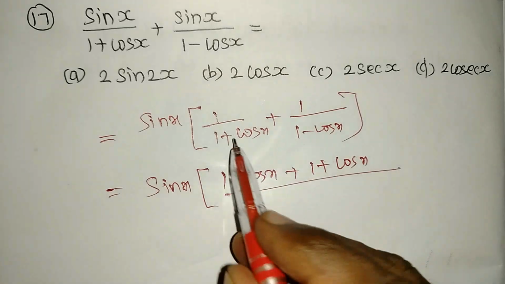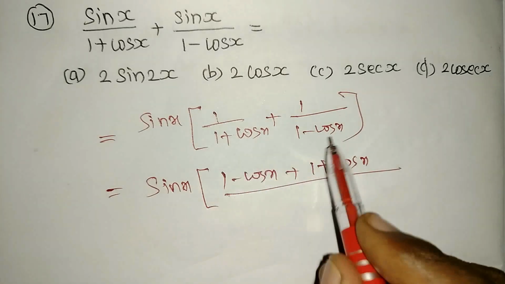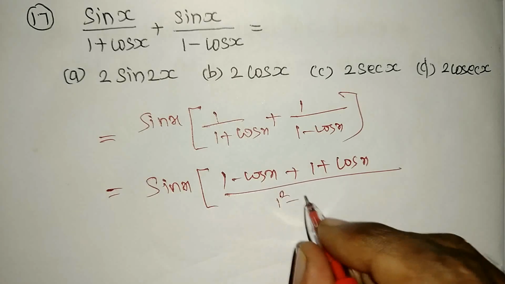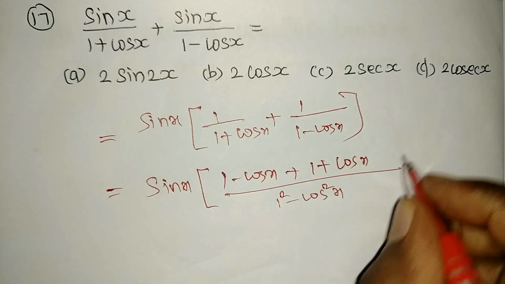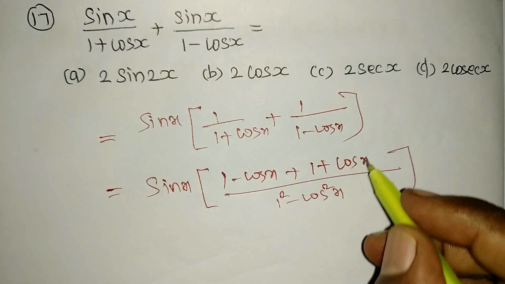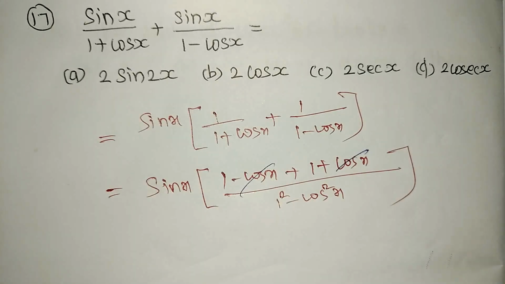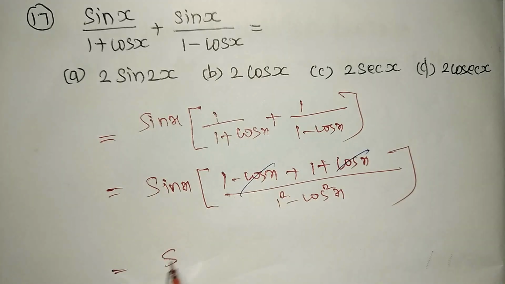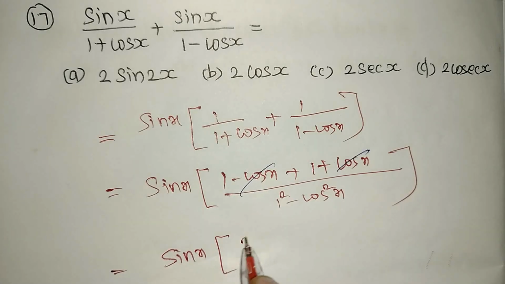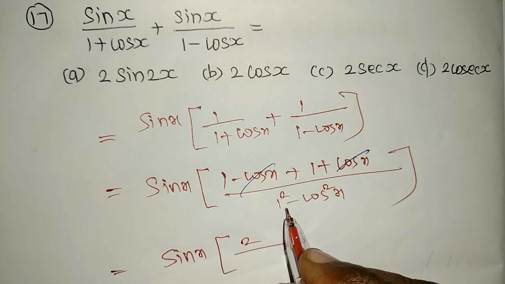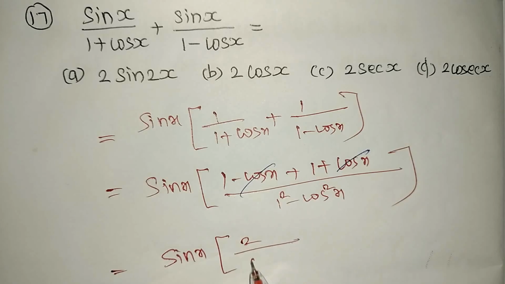But in the denominator, when you multiply this together, this is a plus b, a minus b, so a square minus b square. Now see this carefully, the plus cos and minus cos will be cancelled. And now we have the remaining sin x. 1 plus 1 is 2, divided by 1 square minus cos square, we know very well, that is sin square x.